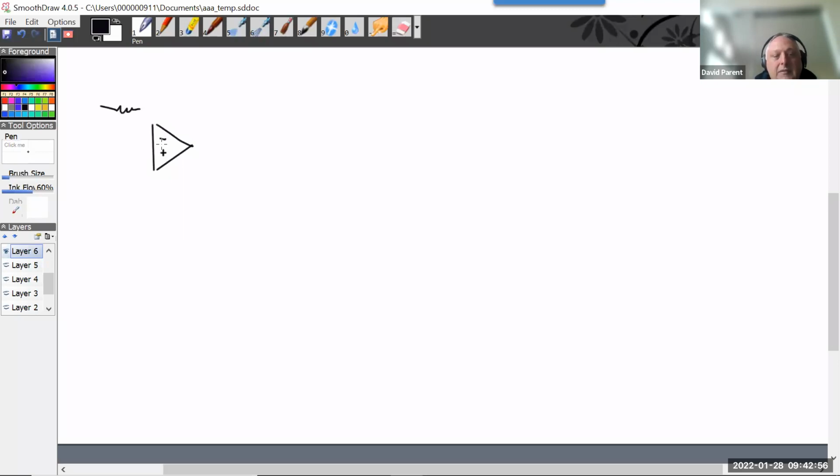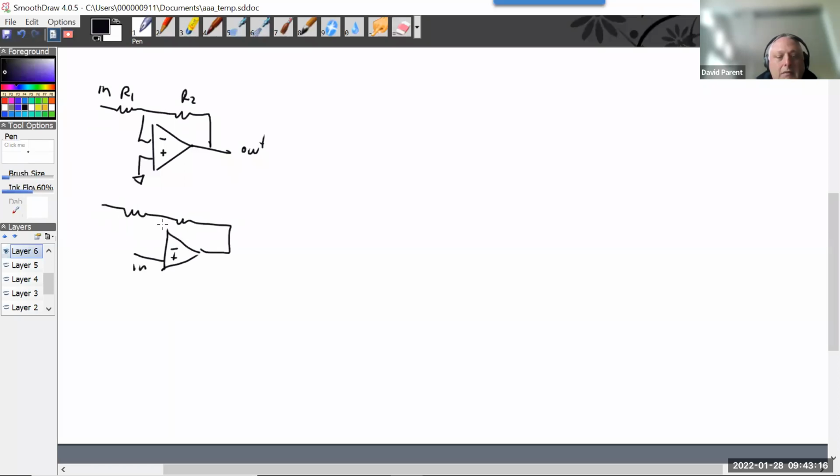You might have seen two configurations that you should be familiar with. And almost everything can be done by combining these two things and manipulating what devices go where.